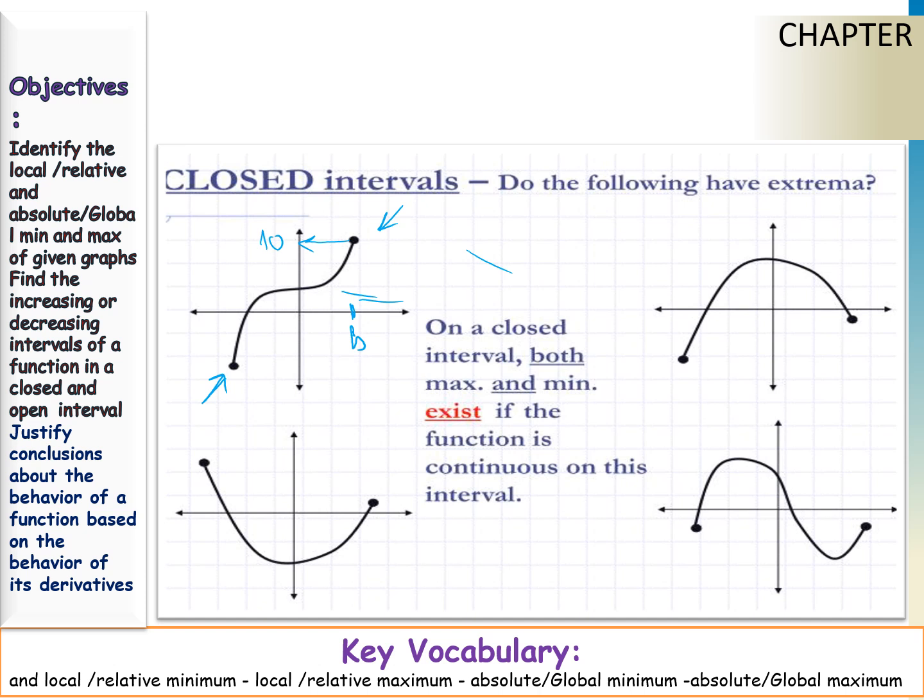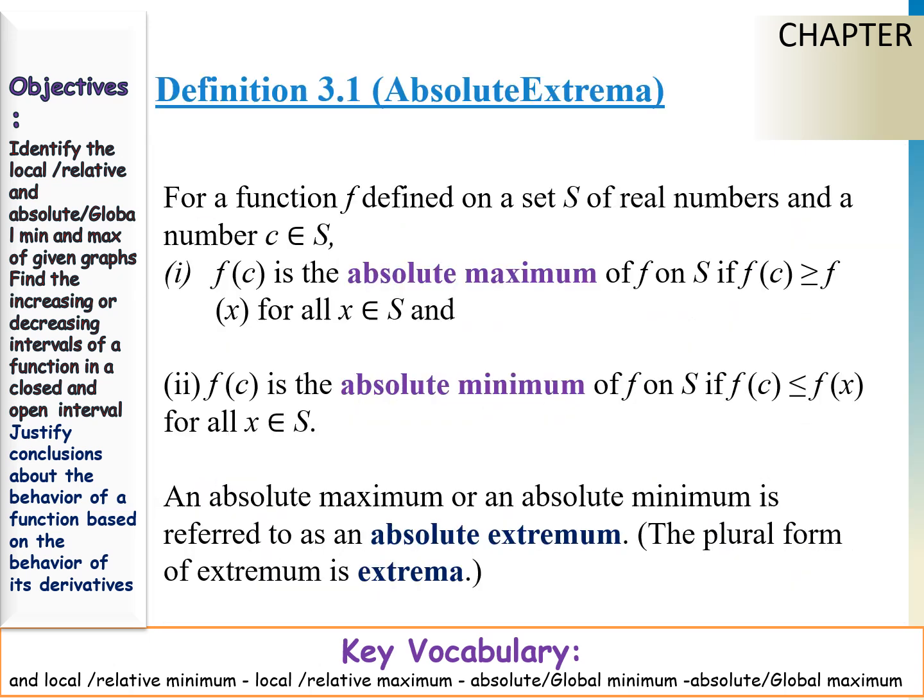If this point is included, the maximum or the minimum value can be determined. What those points will be, we will discuss later on. But I am showing you that the maximum or minimum values on a closed interval can be determined, but on an open interval cannot be determined.